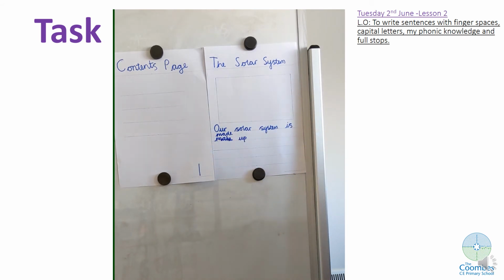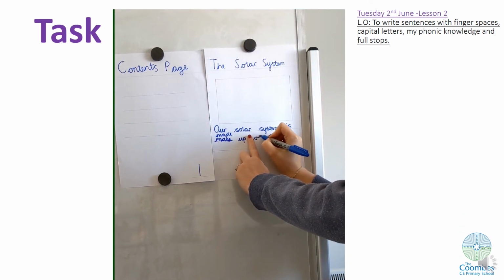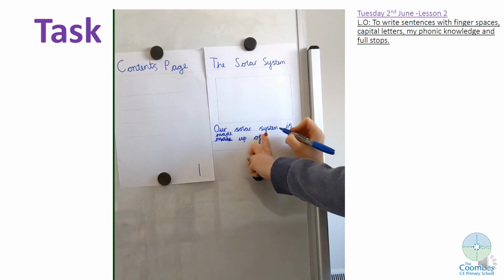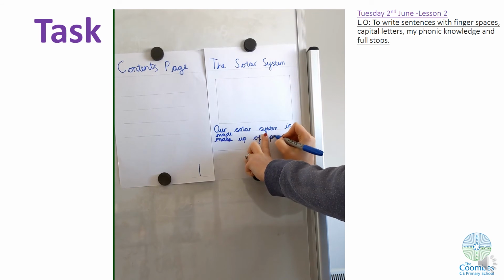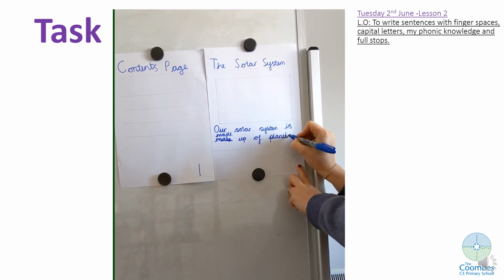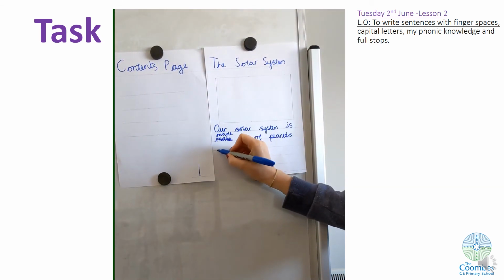Let's think of the next three words. Our solar system is made up of planets and. Sorry, made up of, so another red word, of planets. Now I can Fred talk this. Planets. And, can't fit and there, so I'll go down to the next line.